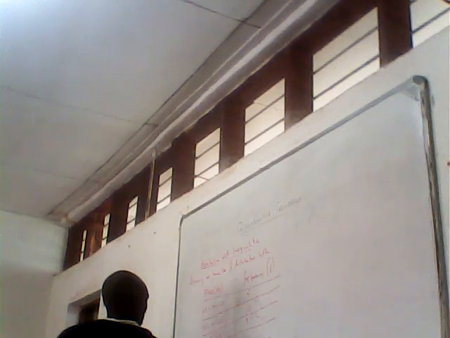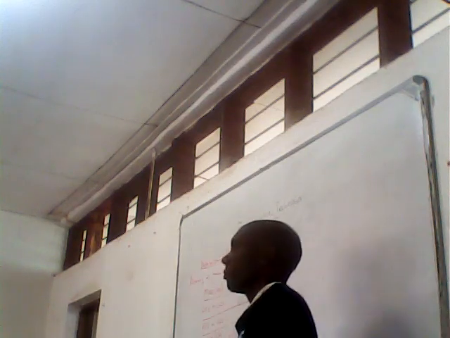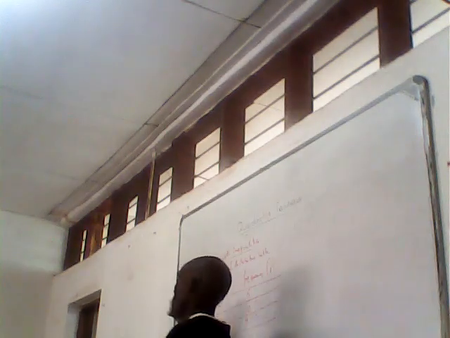So the question is, work out the mean for the distribution. We are looking at that in terms of inequality now. Here, 40 is inclusive, but 50 is not inclusive.